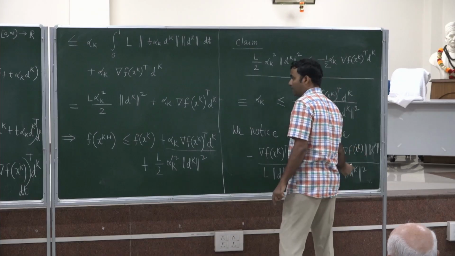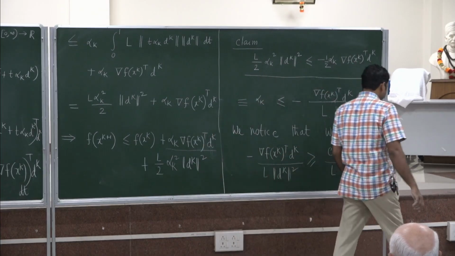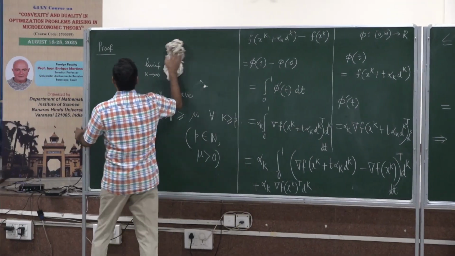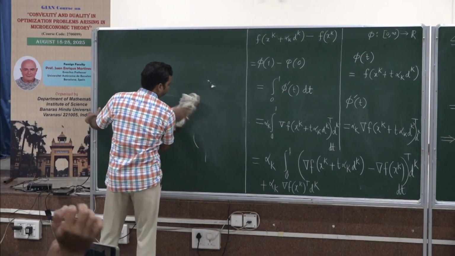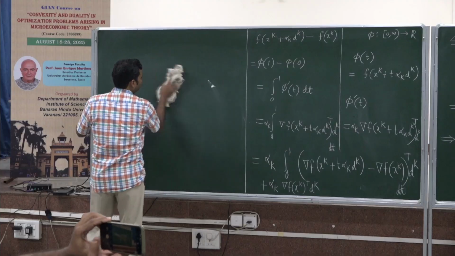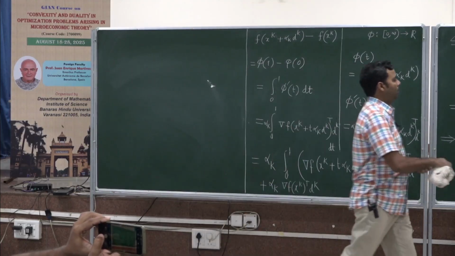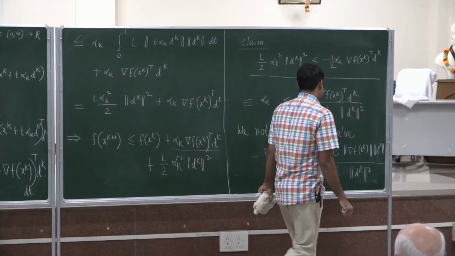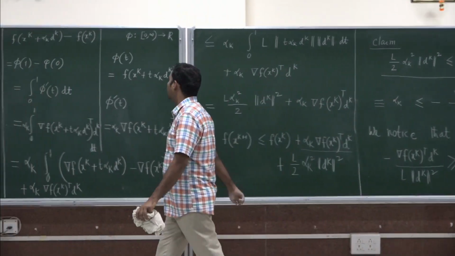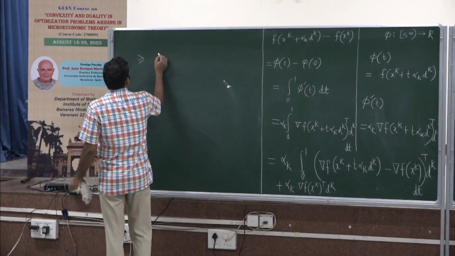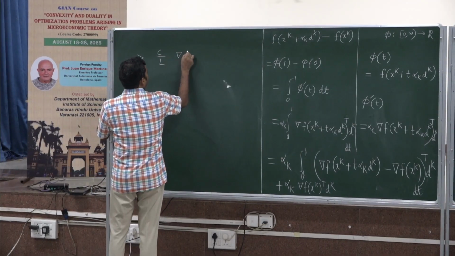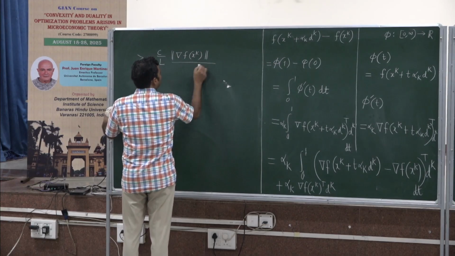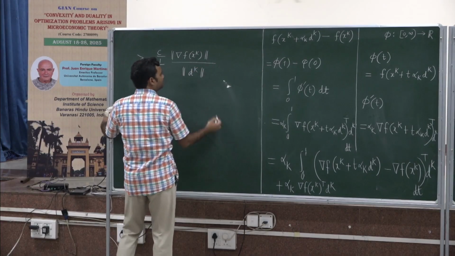So, gradient of f, and then we have here simply this is greater than equal to c by L, norm of gradient of f(xk) divided by norm of dk, okay.